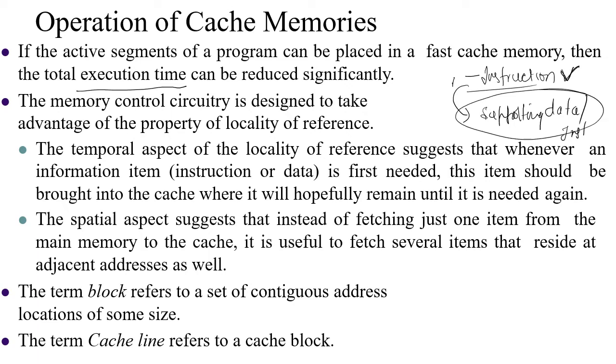So instead of copying a single instruction to cache, the designer needs to copy the entire block into the cache. The cache line refers to a cache block, one block that includes temporal and spatial. There will be many such blocks in a cache.